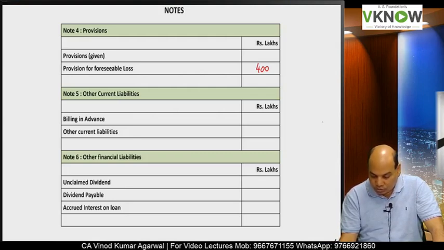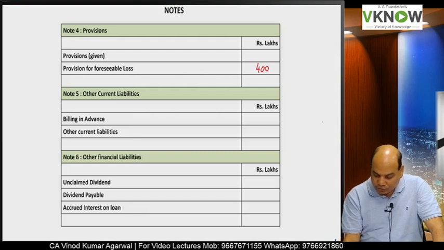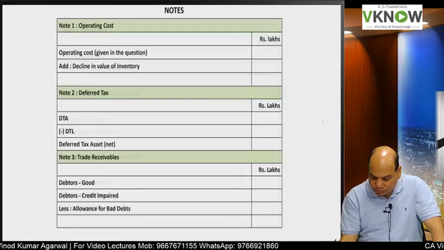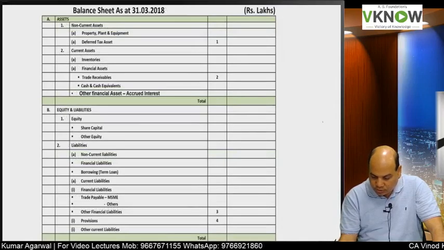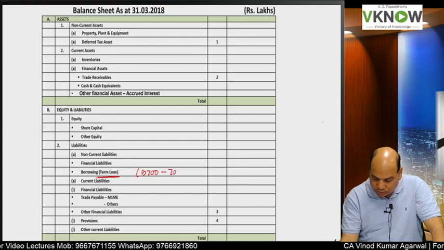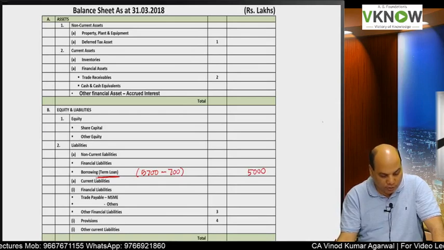So what I'll do, that 700 I will put in other financial liability, third line here, interest accrued on loan, 700. And in balance sheet, liability side, non-current liability, financial liability, borrowing term loan, 5700 minus 700, 5000.